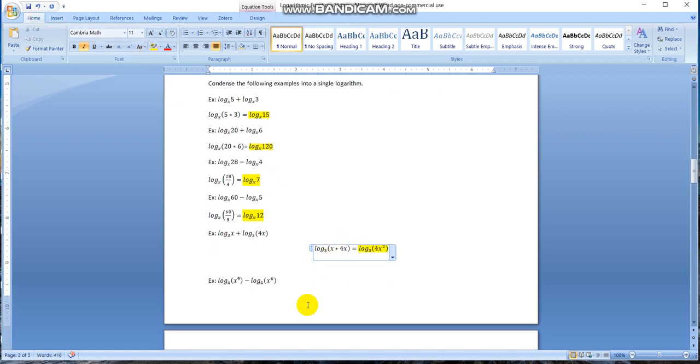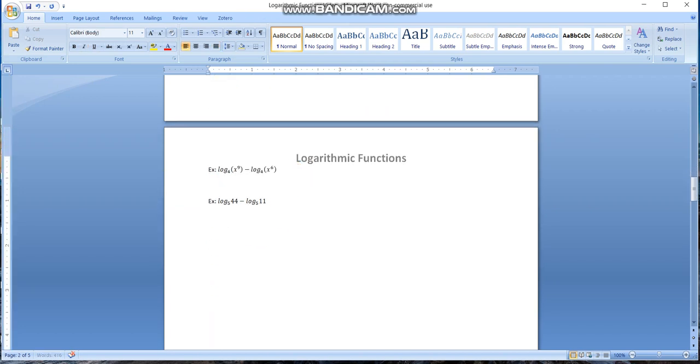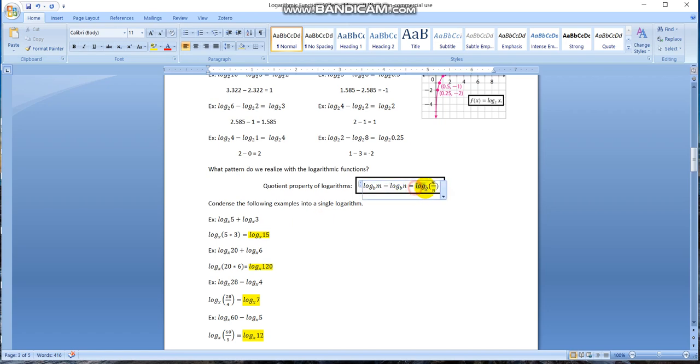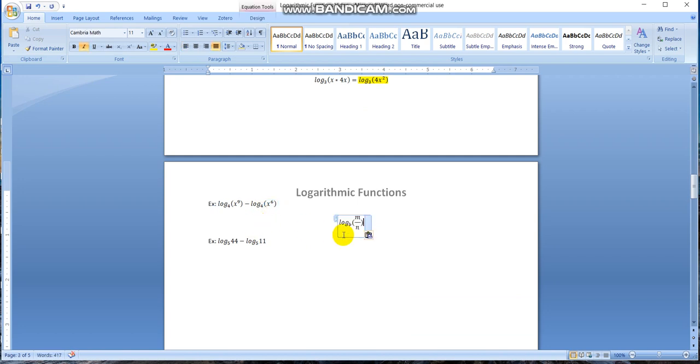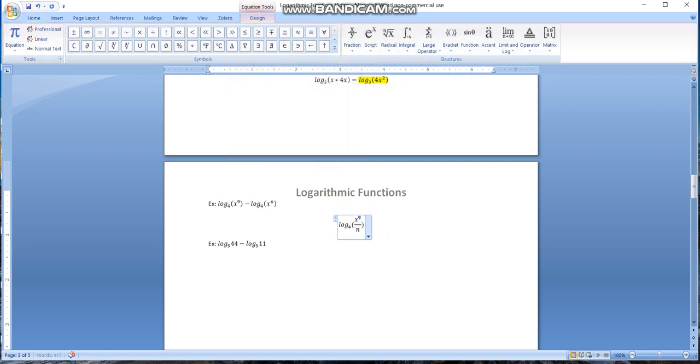Okay. All right. And then there's 2 more examples here, so I'll go over those. So log base 4 of x to the 9th minus log base 4 of x to the 6th. So you would use this one because we're dealing with subtraction. So this is log base 4 of x raised to the 9th power over x raised to the 6th power.